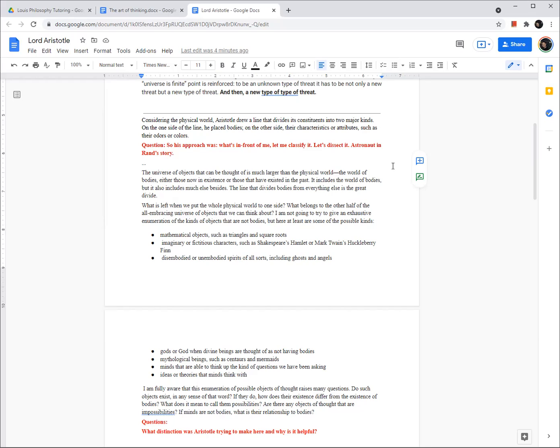Zeno says you can't ever cross the street because every time you go halfway, you keep halving it, so you never get to the end. They almost begin with that, whereas he's like, clearly you can, there's something wrong with the argument. He's busy dissecting the actual physical world, whereas other people get caught up in the concepts.